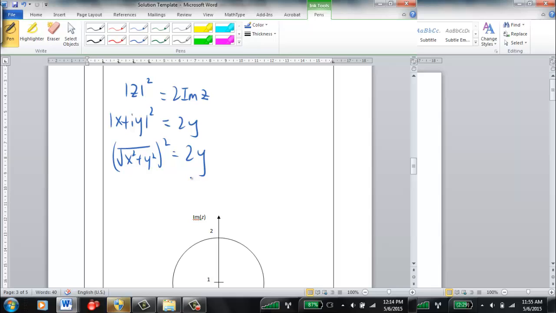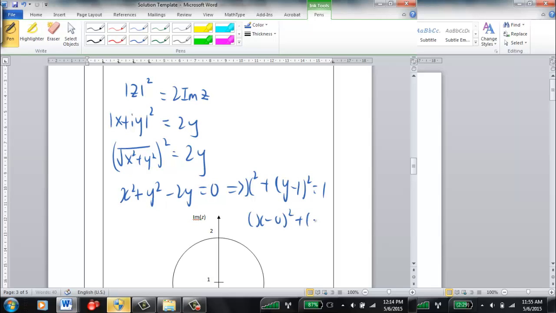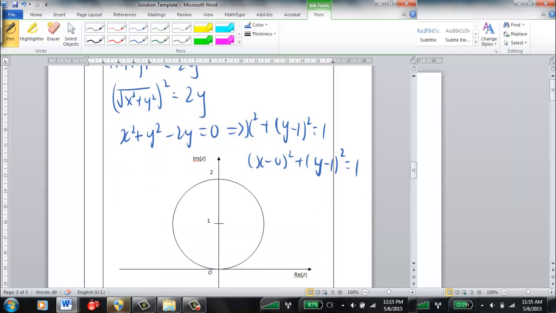You simplify this, you get x squared plus y squared minus 2y equals 0, and this will give you a circle. If you remember, it's x squared plus (y minus 1) squared equals 1, which becomes (x minus 0) squared plus (y minus 1) squared equals 1. Radius 1, center (0, 1). So this is your circle. See, I finished half the question already.